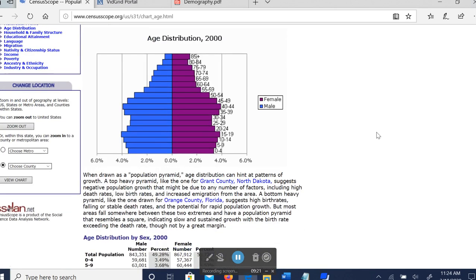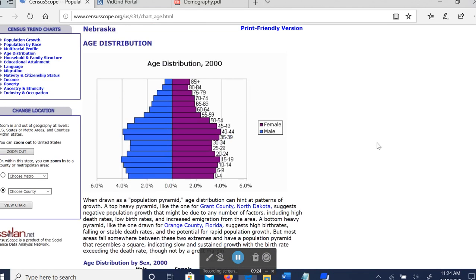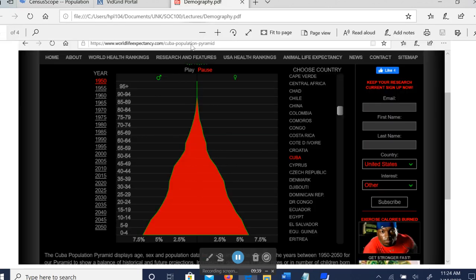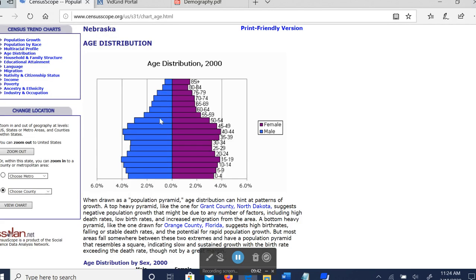Okay, this is a population pyramid for Nebraska almost 20 years ago. And this pyramid looks different from the one we saw for Hispanics or the one we saw for Cuba and China in the 50s. We have somewhat larger percentages of men and women in the middle age groups and a somewhat larger number of people between 15 to 19, late teenage years.